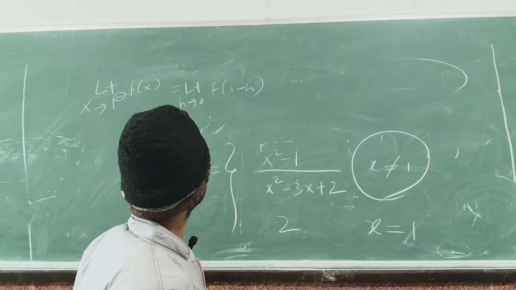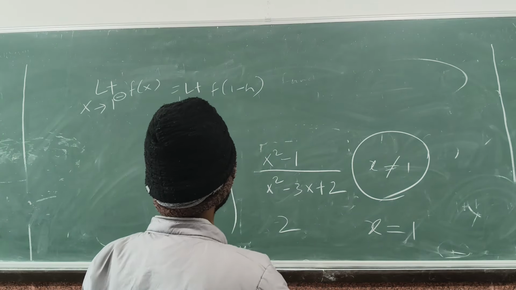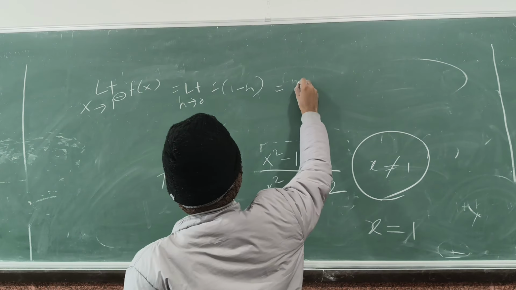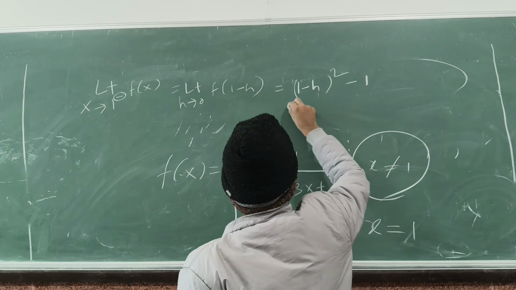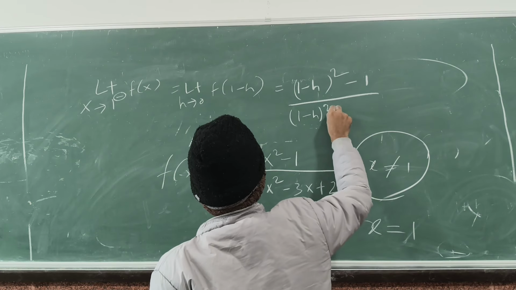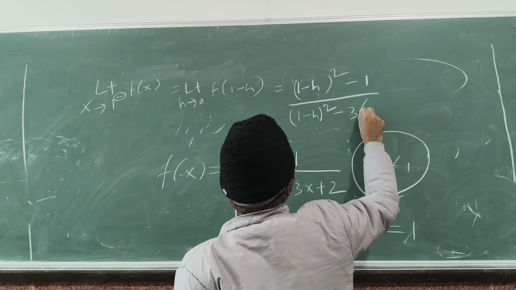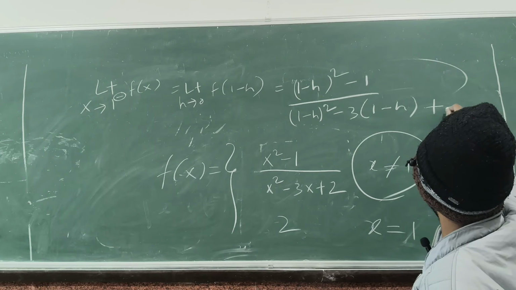Okay, so substitute 1 minus h here: (1 minus h) whole square minus 1, divided by (1 minus h) whole square minus 3 into (1 minus h) plus 2.